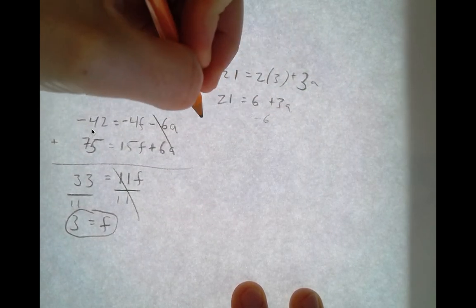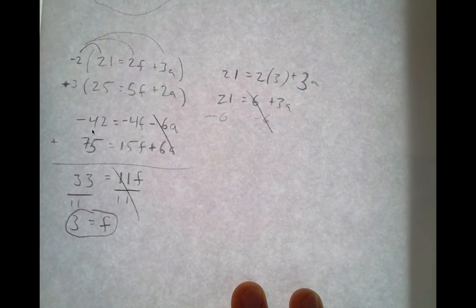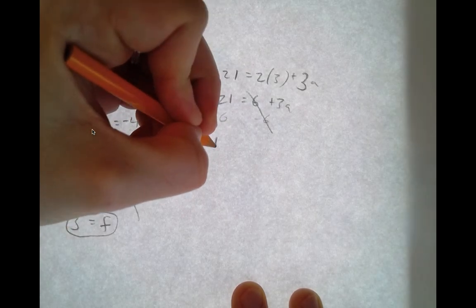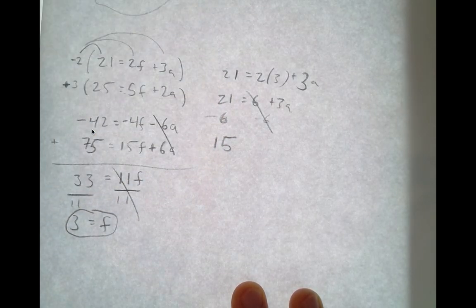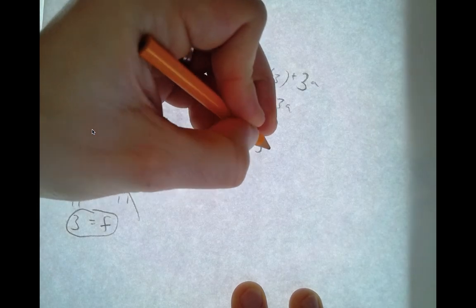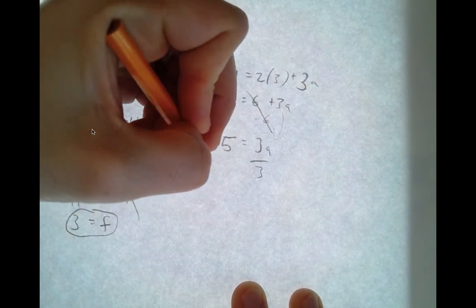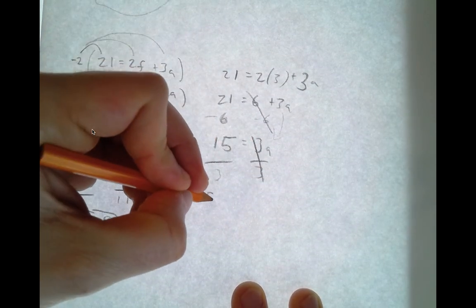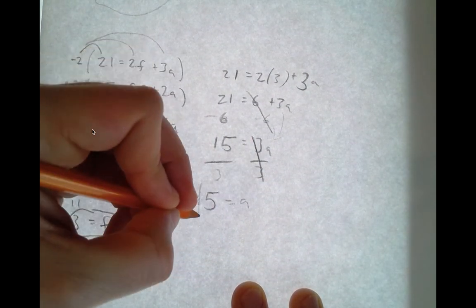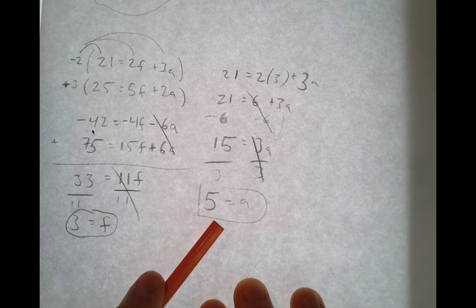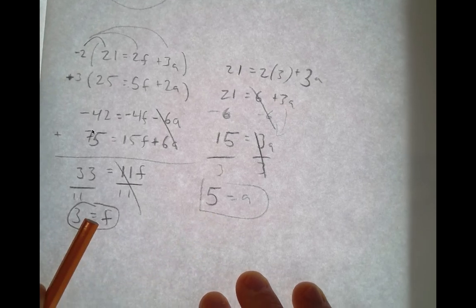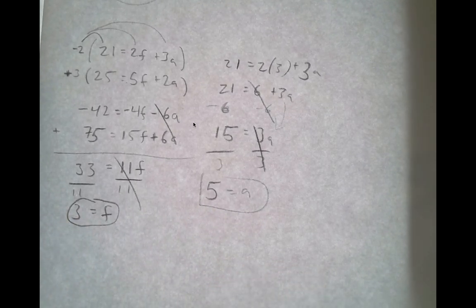Take away the 6 from both sides. I am left with 21 take away 6, 15. And 15 is equal to 3A, right? Just bringing that 3A down. Divide both sides by 3, and we are left with 5 is equal to A. So a pack of batteries costs us $5, and a roll of foil costs us $3.